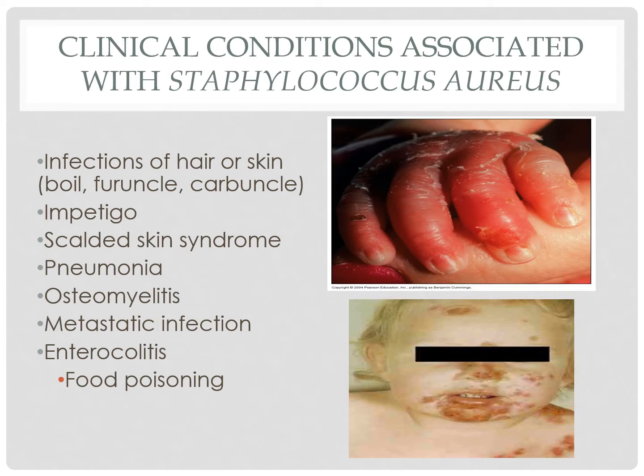There are several different conditions associated with the Staphylococcus aureus infection. For example, you can have an infection of the hair or skin, and those are called boils, furuncles, or carbuncles. A boil and a furuncle is a hair follicle infection, whereas a carbuncle is an infection of the deeper layer of the skin tissues.